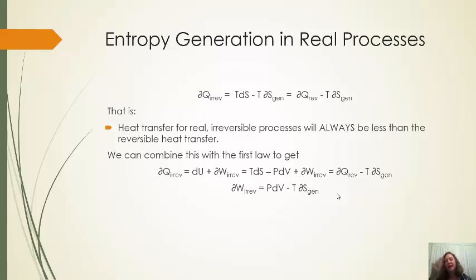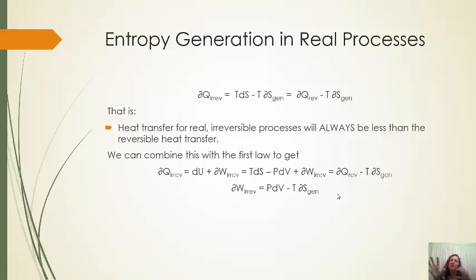That's kind of an accountant mentality, but that's how engineers like to do things. This is going to equal this. So I'm going to say dq is equal to TdS if it's reversible, and if it's not reversible, well, it'll be a little more. Okay, well, that's not good. So what we do is we add or subtract, depending on exactly how we're using this equation, a little piece to get them to balance.